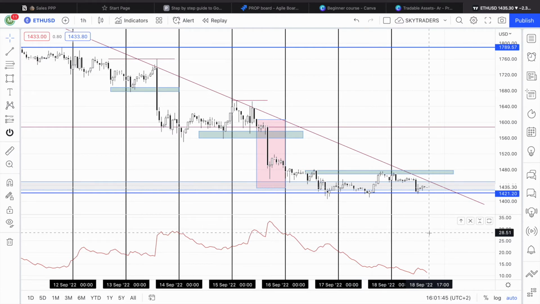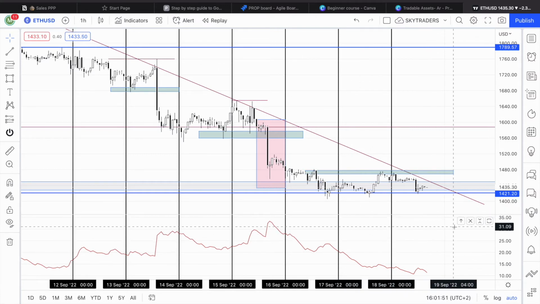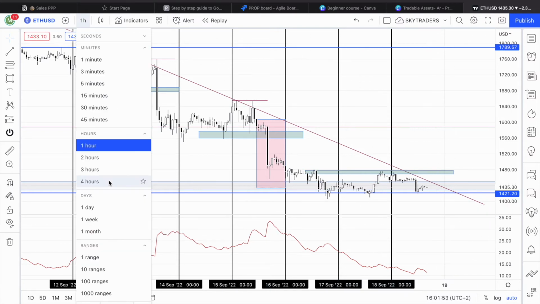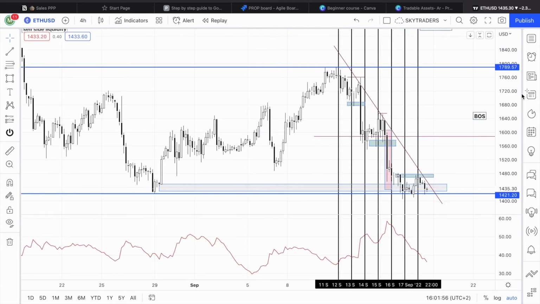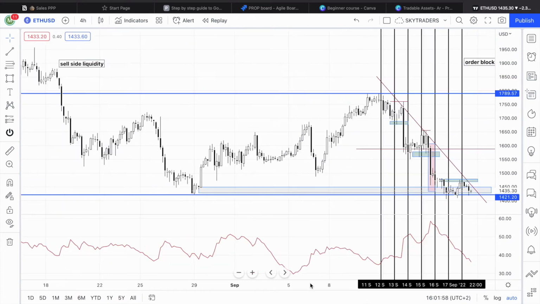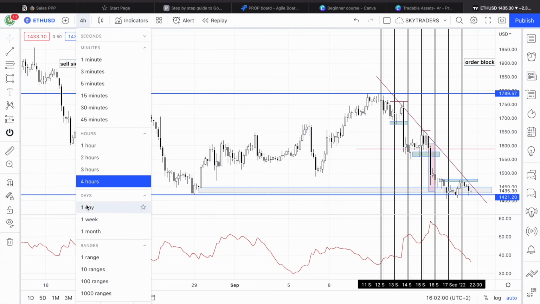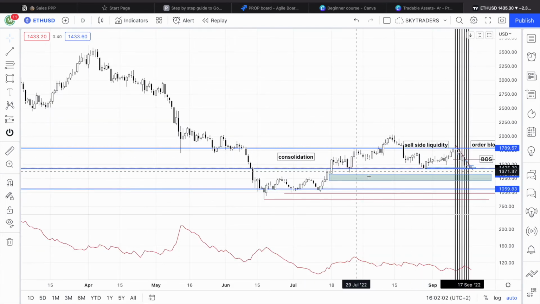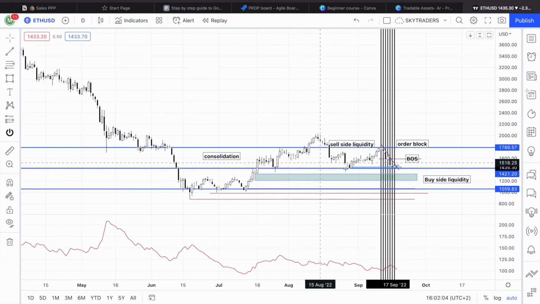But this could be a manipulation to collect all of the orders at the bottom of this consolidation levels, right? On the daily time frame, we mentioned that this is a consolidation area, right? So we can trade way down to this level to collect all of the orders at the bottom of this consolidation area and then trade back up once more time.